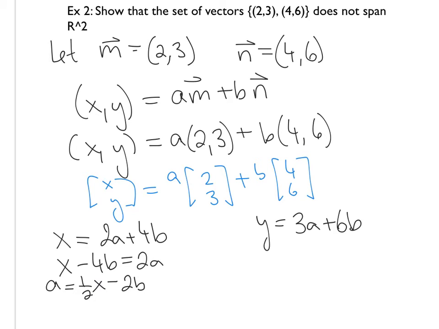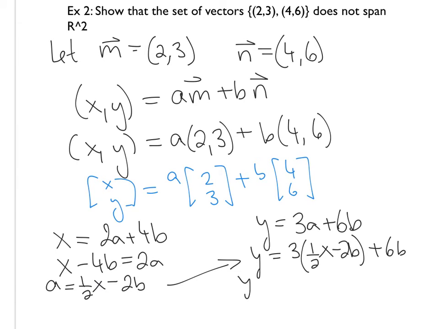And for y, I'm just going to sub this back into here. So now we have 3 half x minus 2b plus 6b.